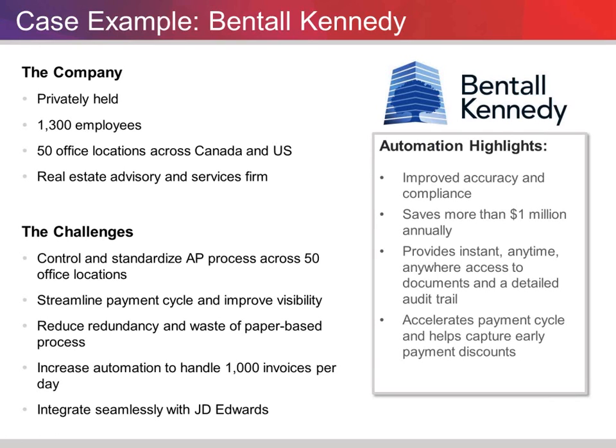So implementing a content management strategy that includes imaging and workflow really allowed them to work out process inconsistencies and tie the data directly into their J.D. Edwards system. The benefit to them is better visibility, far better control, and an elimination of the redundancy in process and the physical paper waste that they otherwise had to go through.